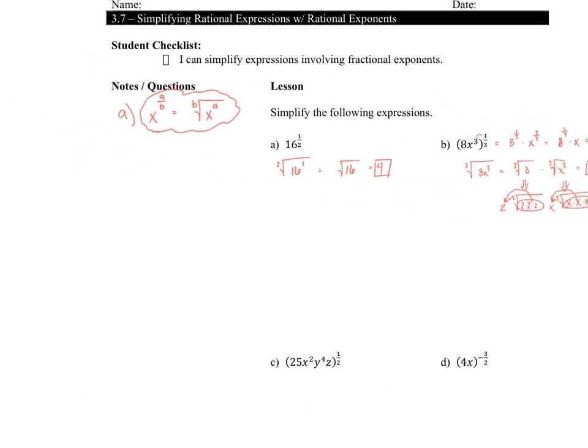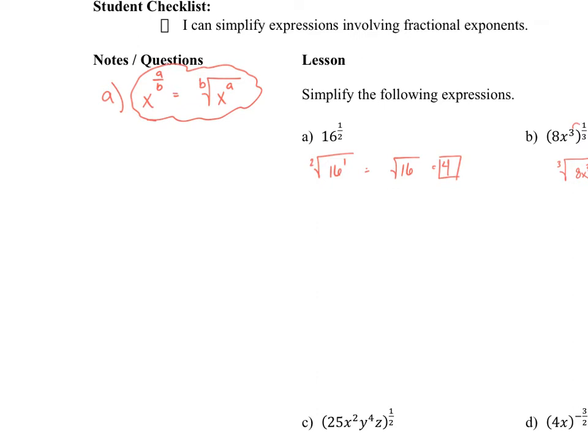Let's make a little note to ourselves over here about how we dealt with that radical. So if I have a radical, and I have some number here in the argument, I don't know what it is, but whatever's in here, if it's the same thing multiplied by itself a times, then the answer is that thing.